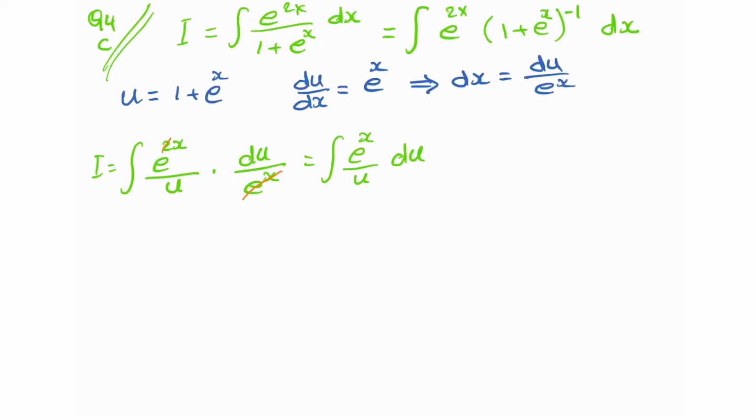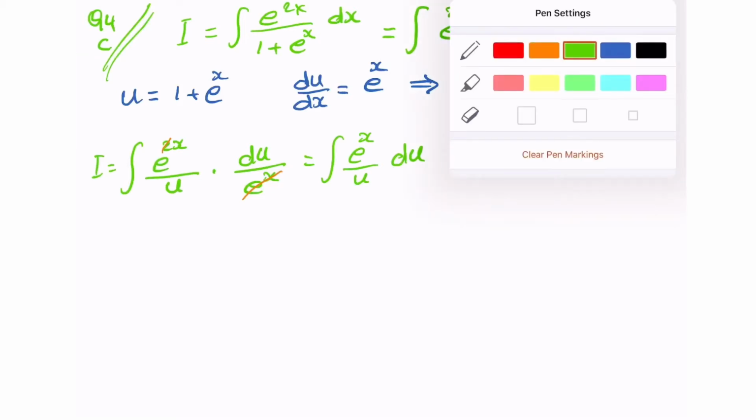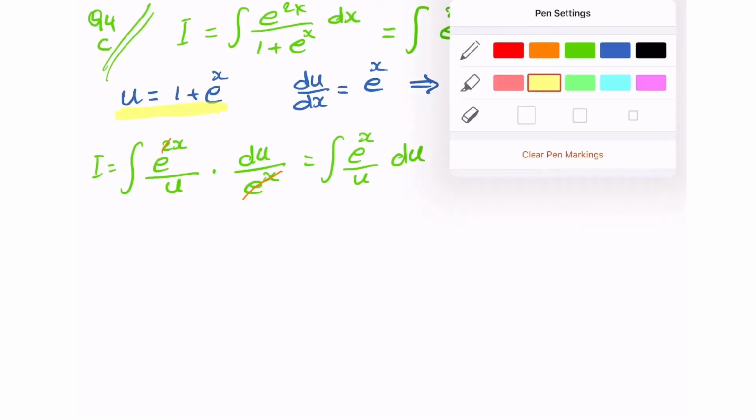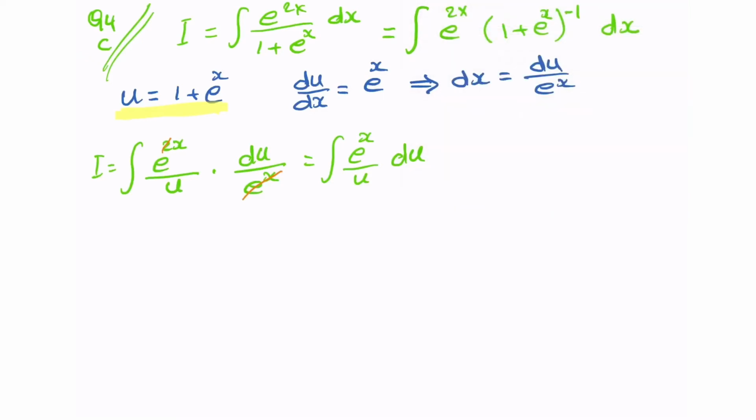So I still have the e to the power x. I don't need any x in my integration when I have du. So I go back to my function u equals 1 plus e to the power x, and I find the e to the power x. From this one, I can say, therefore, e to the power x is u minus 1.